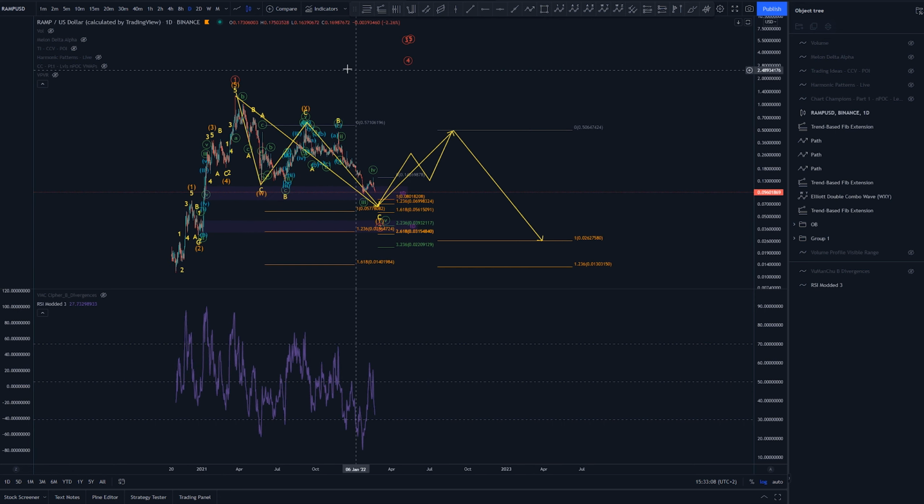Also, Ramp is so short on the time frame. As I mentioned, the degrees of this whole structure can be way off. So depending on price action before and after, we can create completely different looking charts.